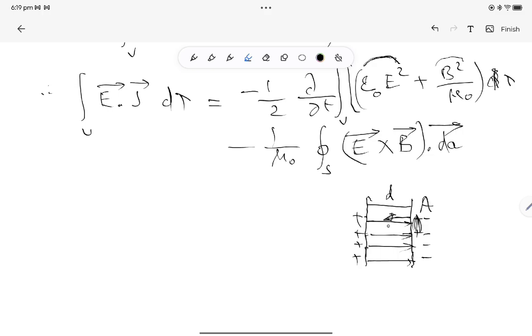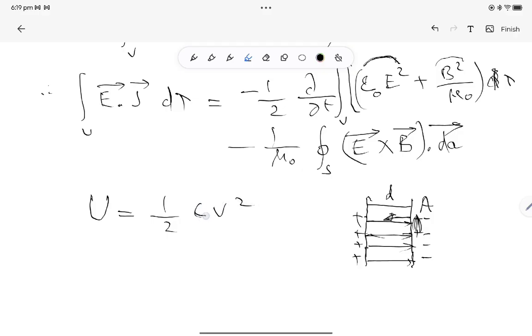This work is stored in the field. We believe at least it is stored in the field, and how much this work is can be easily determined. We have a formula for energy stored on a capacitor, energy denoted by capital U, equal to 1 by 2 CV square.